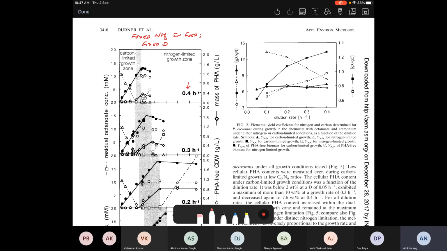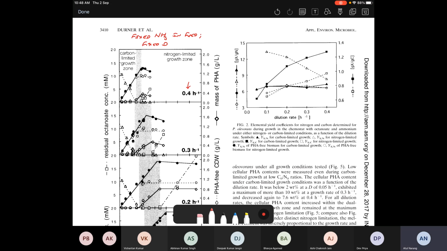As you keep on increasing the carbon supply in the feed, there will come a point when the carbon is in excess and something else has become limiting.